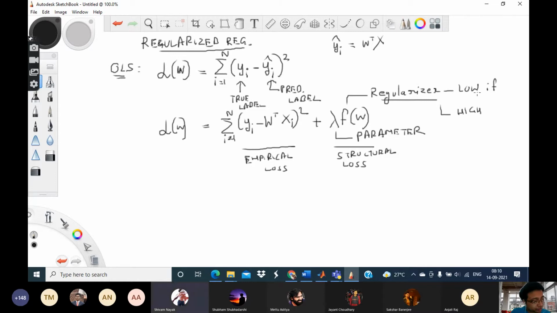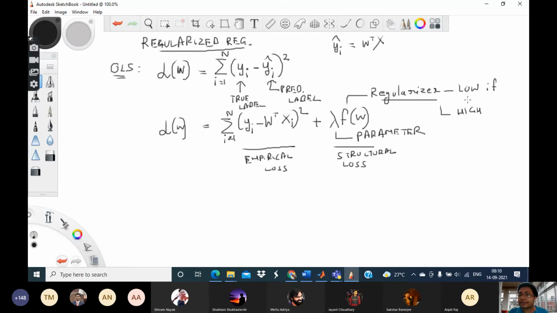If W has the desired structure that I am interested in, then the regularizer should take a low value, but if it does not have that structure, then it should take a high value.